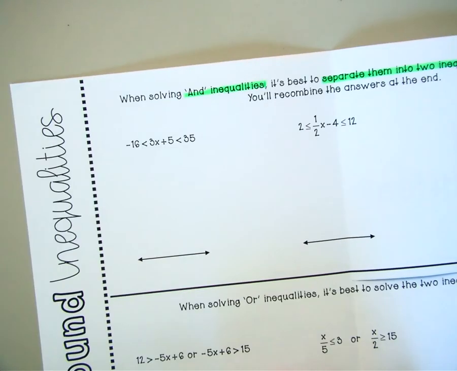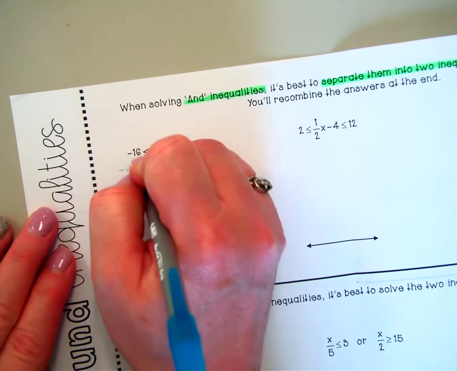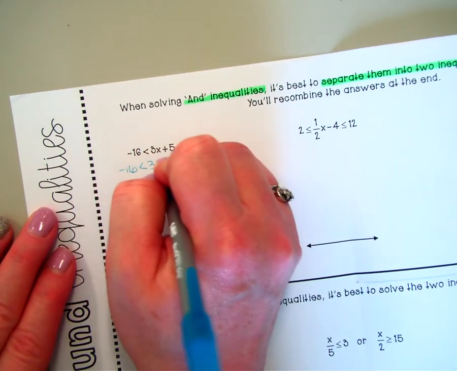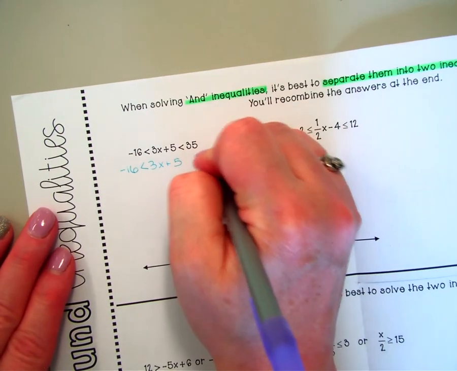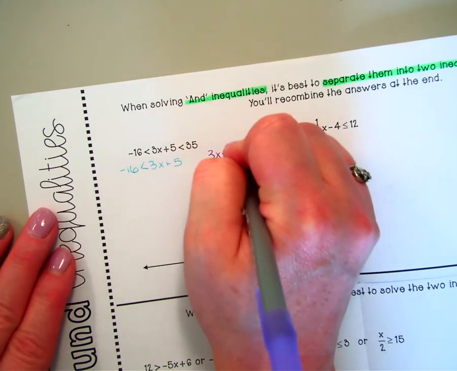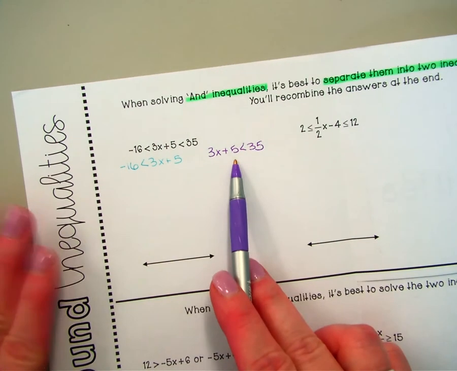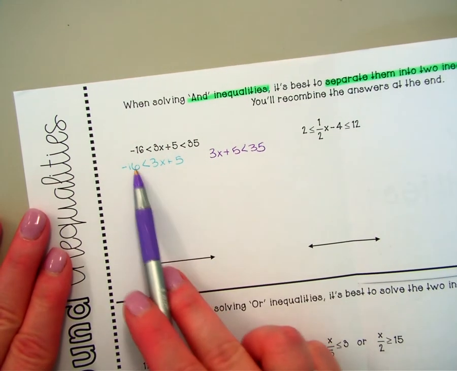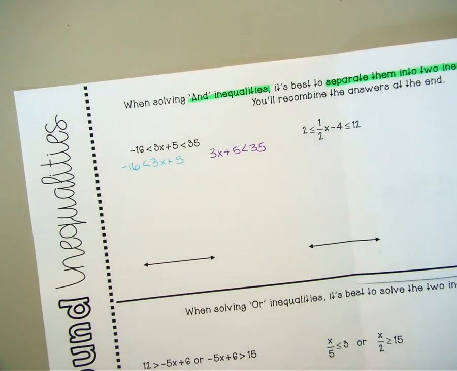Taking a look at this first one here, one inequality would be negative 16 is less than 3x plus 5. My second inequality would be 3x plus 5 is less than 35. So the stuff in the middle gets used in both of the inequalities. And then you got the first inequality symbol there with a number, and then the second one there with a number. And then you're going to solve them just like we were doing before.